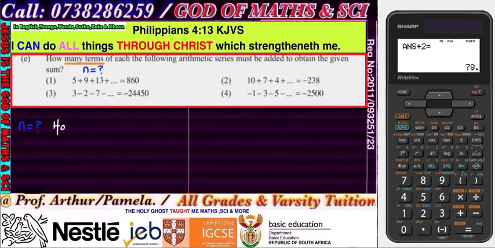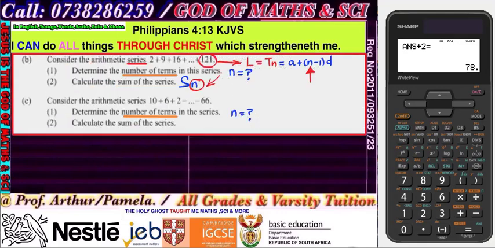So to find n, they can ask it in different ways. One way they'll say how many terms, or how many terms are there. Or they will say which term. You see, they're also calculating n. The other one says, determine the number of terms.